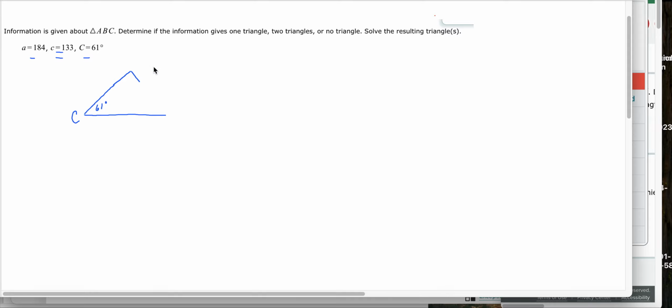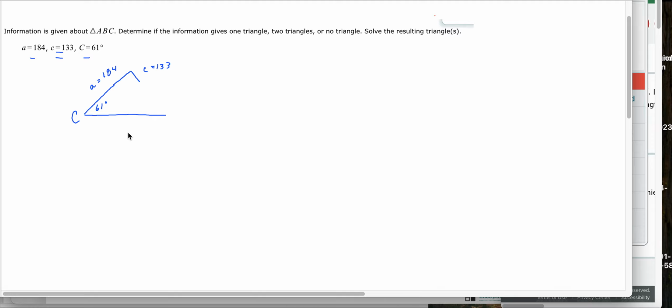That's what's unknown right now, but I'm just going to draw it kind of small and label it for the time being. The other given side you always want to draw here. In this case, it's called side A, and that's what I'm going to label it. This is always how you want to draw your picture.